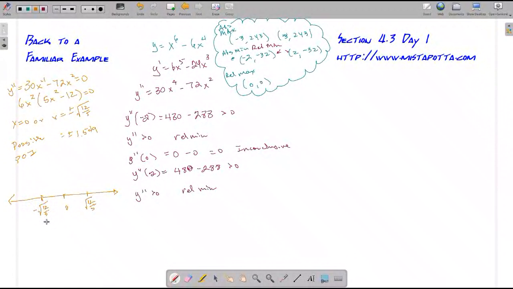And because this is negative 1.549, I know that negative 2 is on this side, which we've already found out was greater than 0. So that means our F is concave up from negative 3, the restriction on our domain, to negative root 12 fifths.